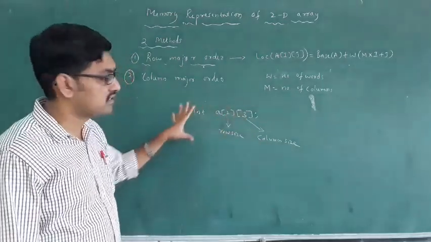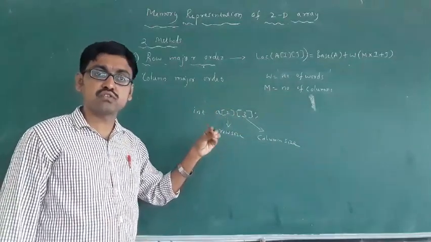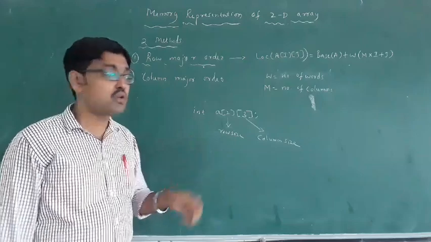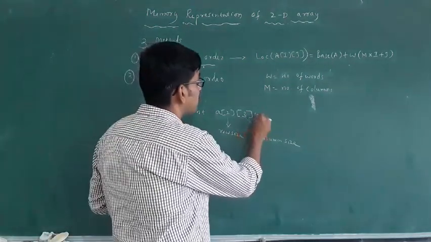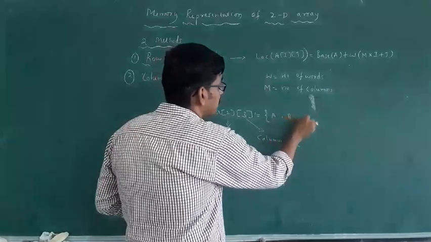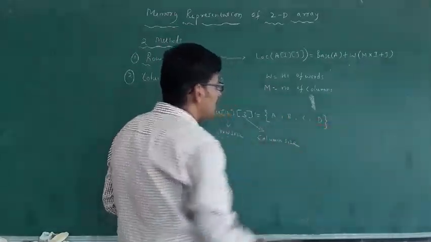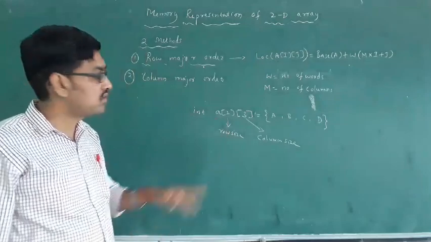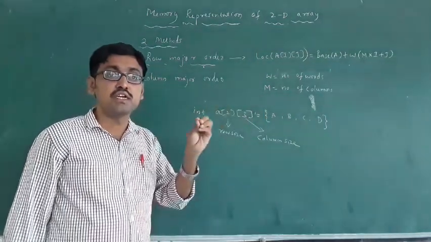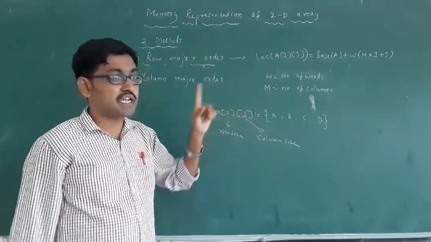Then how are the numbers stored in this 2D array? For example, I want to store A, B, C, D. I want to store these characters in this.